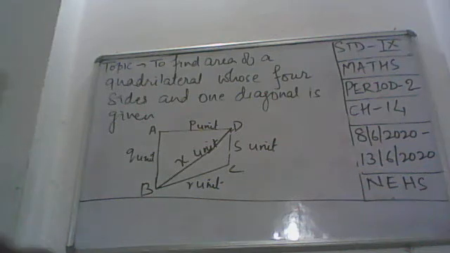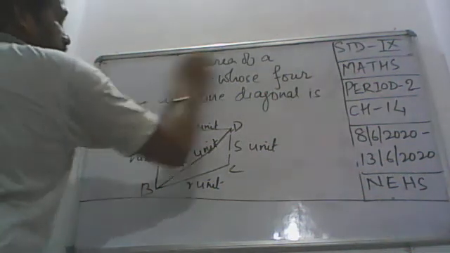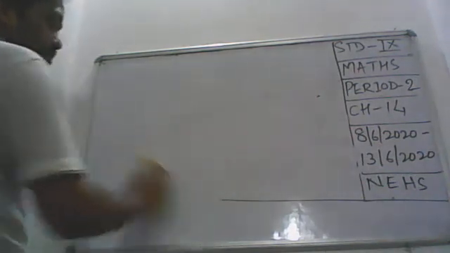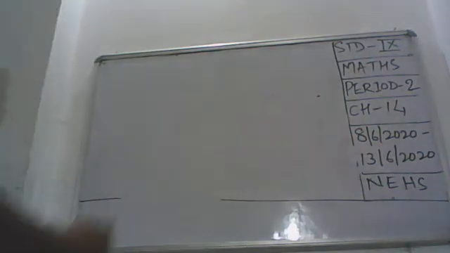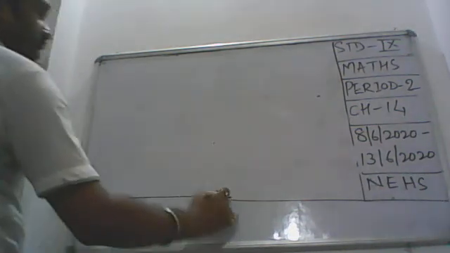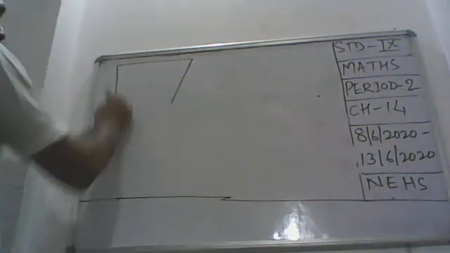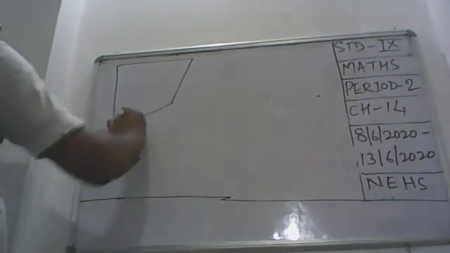Yes, very good. We are knowing this, how to find the area of such type of triangle. So let me draw this again here. So our picture is like this. Okay, it can be like this.